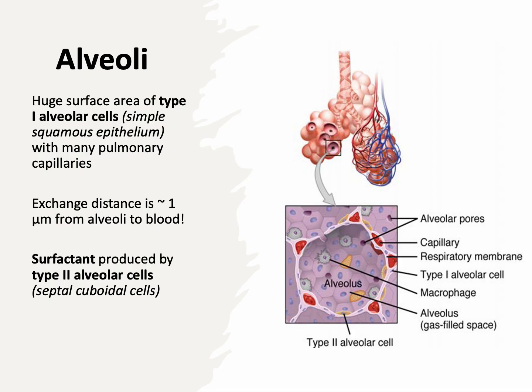So there's very little membrane that gas would have to diffuse across, right? Whether that's CO2 or O2. And then you have these other interspersed type 2 cells whose main job is to produce surfactant.